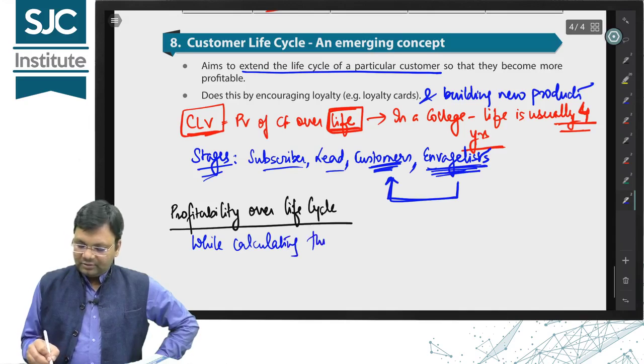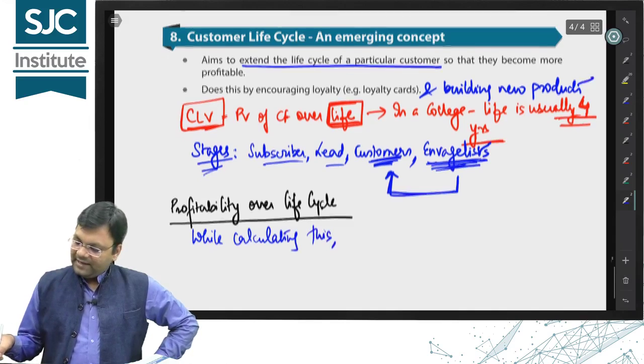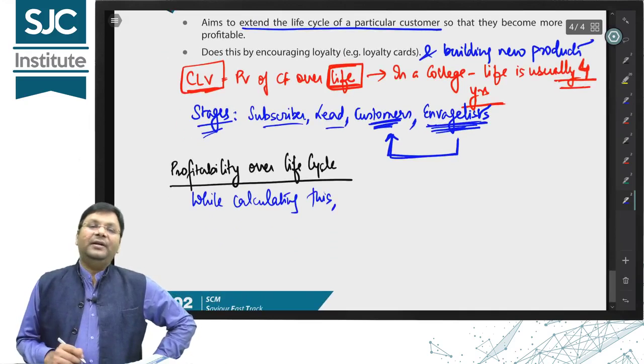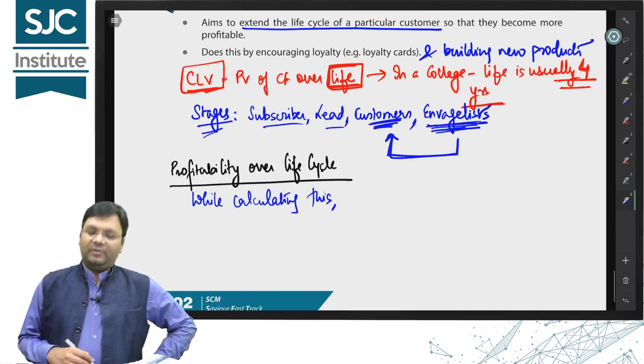there is just one thing to remember, that we have a habit of calculating depreciation per annum and charging it to profits.